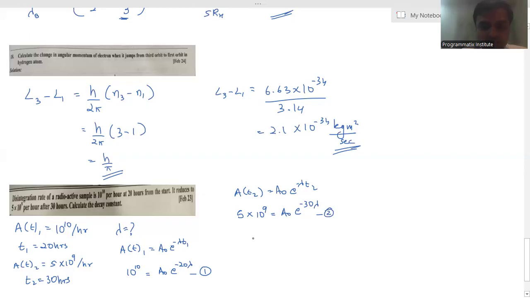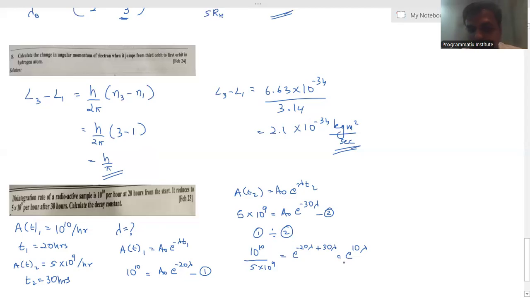Let's divide equation 1 by equation 2. When I divide, what I'll get is 10 raised to 10 upon 5 into 10 raised to 9, and A0 will get cancelled, and I'll get e raised to minus 20 lambda plus 30 lambda. So technically the final value will be e raised to 10 lambda, correct?